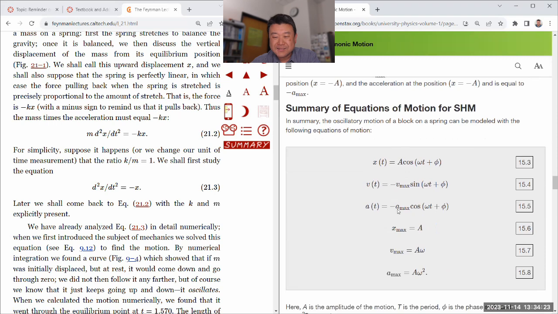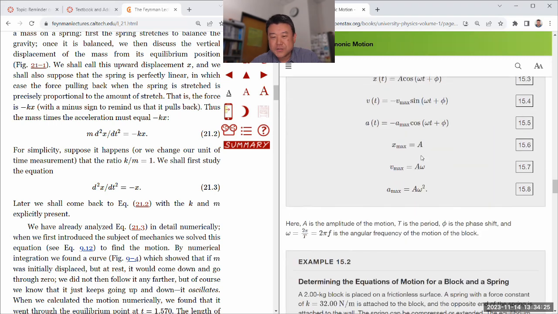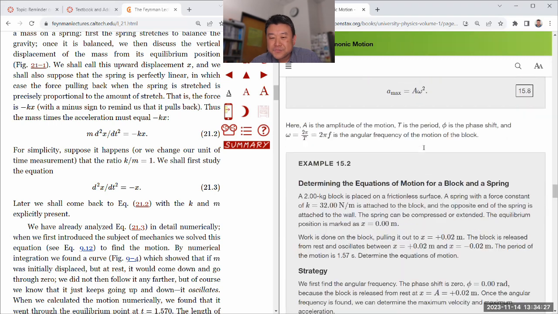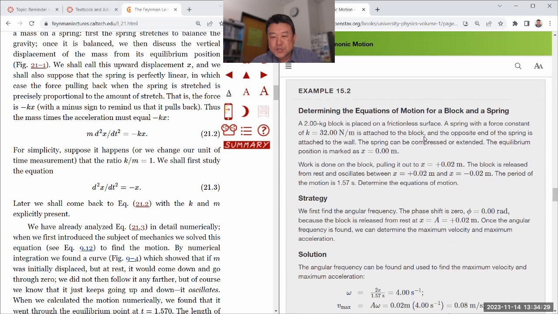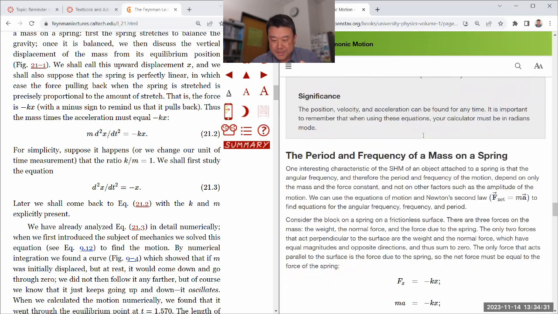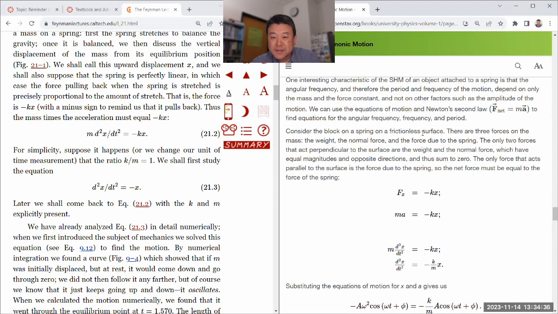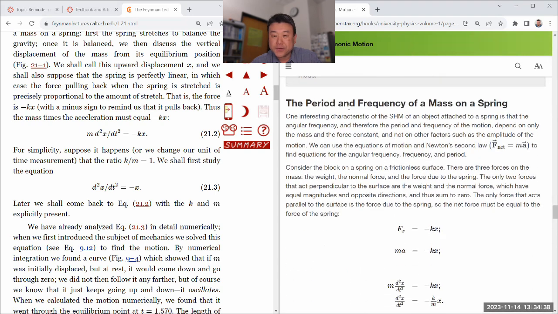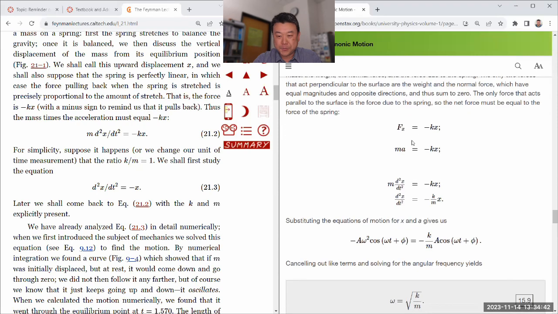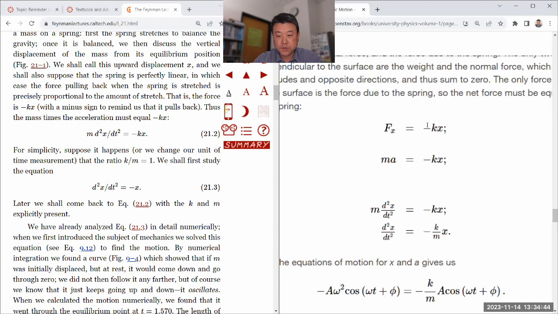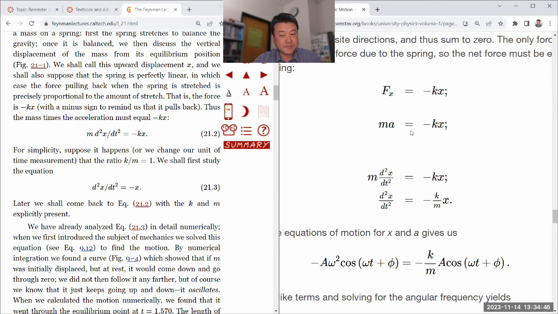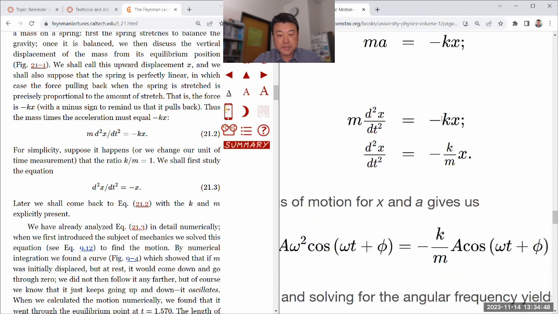There is this. No, this is not the equation of motion. The equation of motion should be the thing that describes the physics of the thing. Okay, where it talks about period and frequency of a mass on a spring, and so this portion here, where it starts with the force, so force, mass times acceleration, this equation is what Feynman has here.